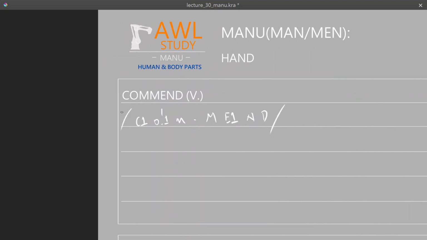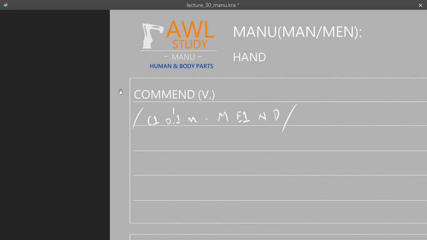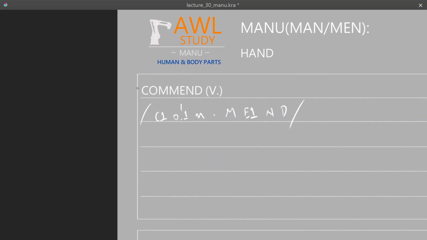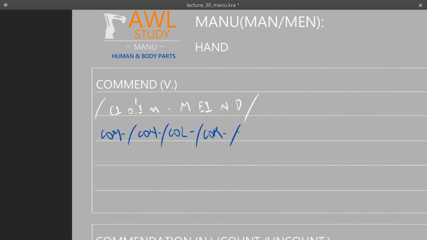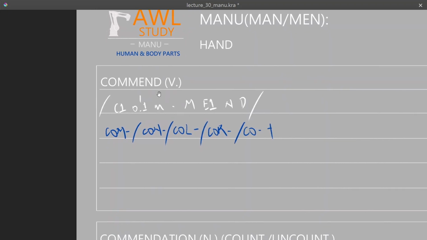Right, so we have the prefix com, which is the variant of com, con, col, cor, co. You're familiar with the pattern m, n, l, r.